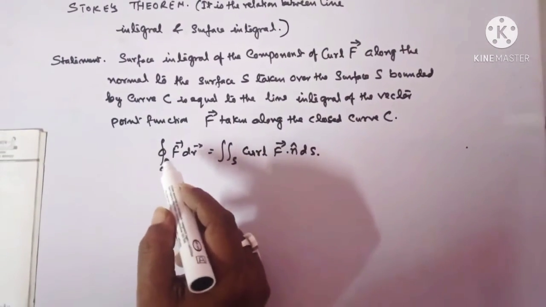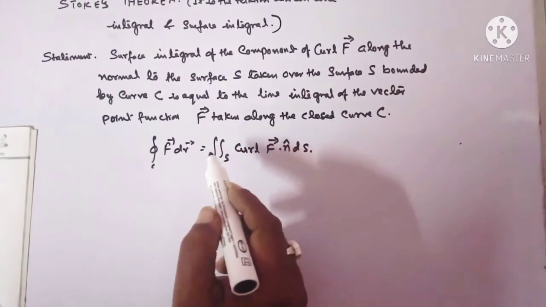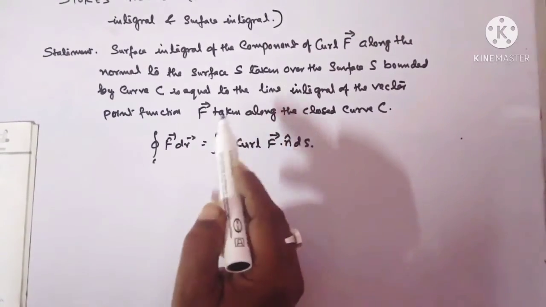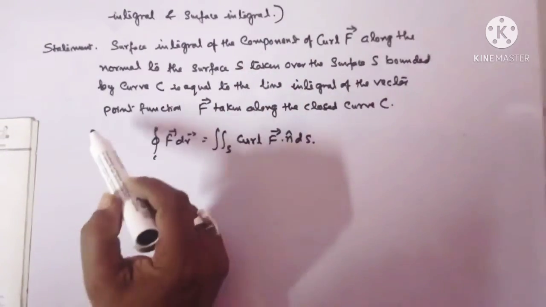So the Stokes law, that is the Stokes theorem, is the relation between the line integral and the surface integral.